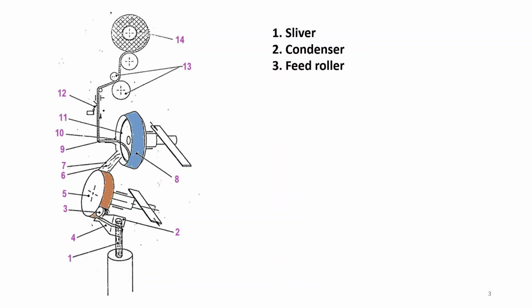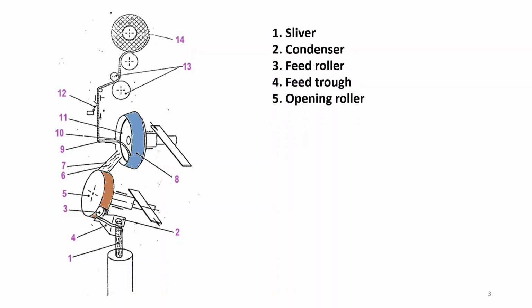The feed roller individualizes the fibers with a carding type, sawtooth roller. Then there is a feed trough through which the fibers are fed.